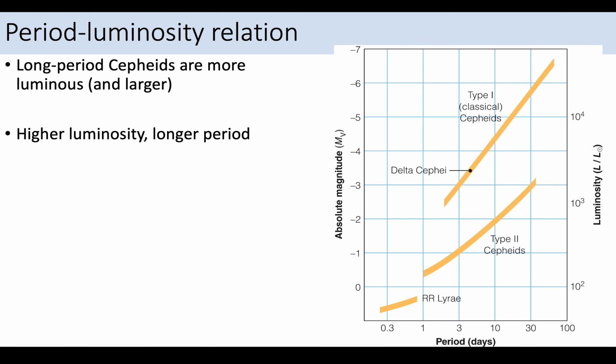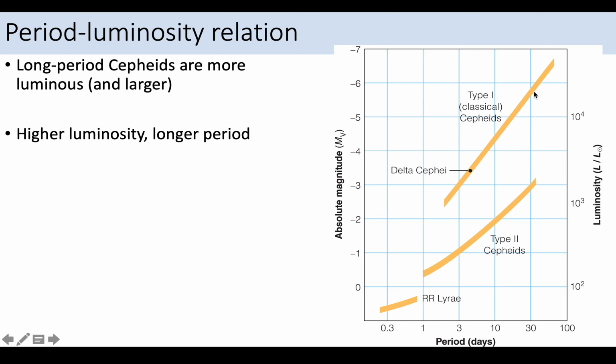So we can look at the period and luminosity relationship. For variable stars, the absolute magnitude, or also the luminosity, is comparable to the period of the pulsation. So very bright stars with high absolute magnitude, which means they're very large, are going to have a larger period.